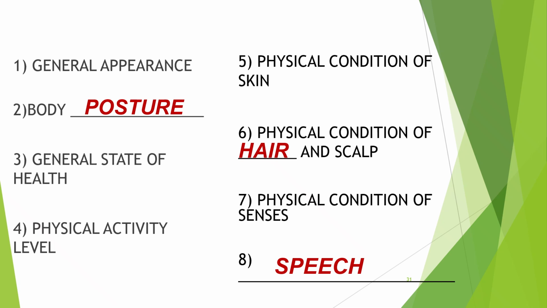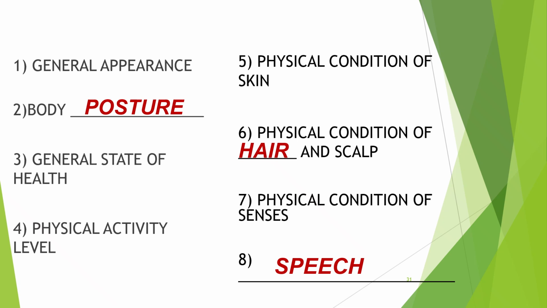Is the usual posture good or slumped? 3, general state of health. Are they strong or frail? Are there symptoms of illness? 4, physical activity level. Is the usual pace fast or slow? Do they need assistance? Is there tremor or paralysis?